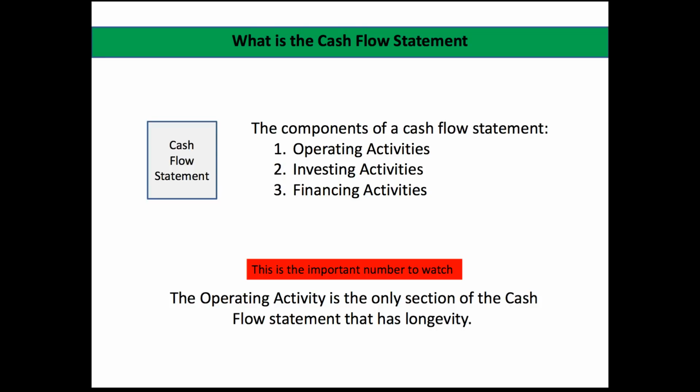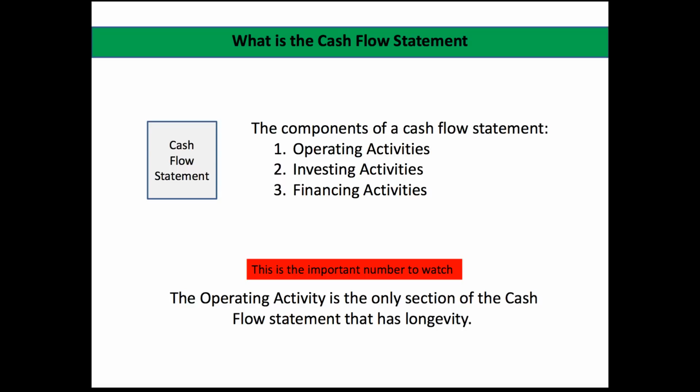So if he was receiving dividend payments from companies that he owns inside of his corporation, that would be listed on the operating activities. The net income is the first thing listed on the operating activities, which comes straight off of the income statement.